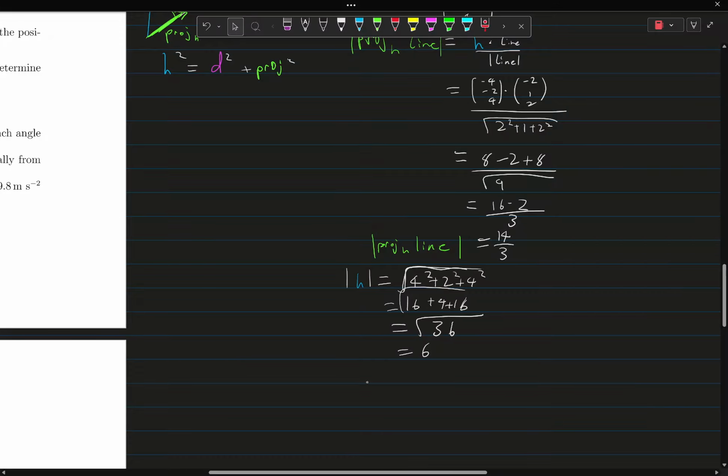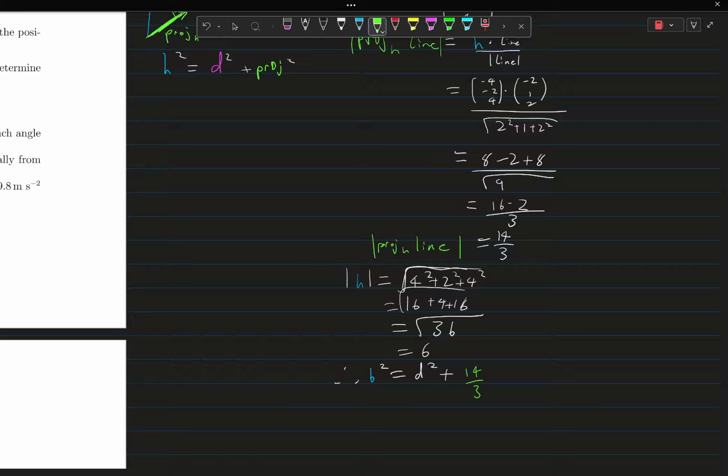So we have 6 squared equals d squared plus 14 on 3 squared.